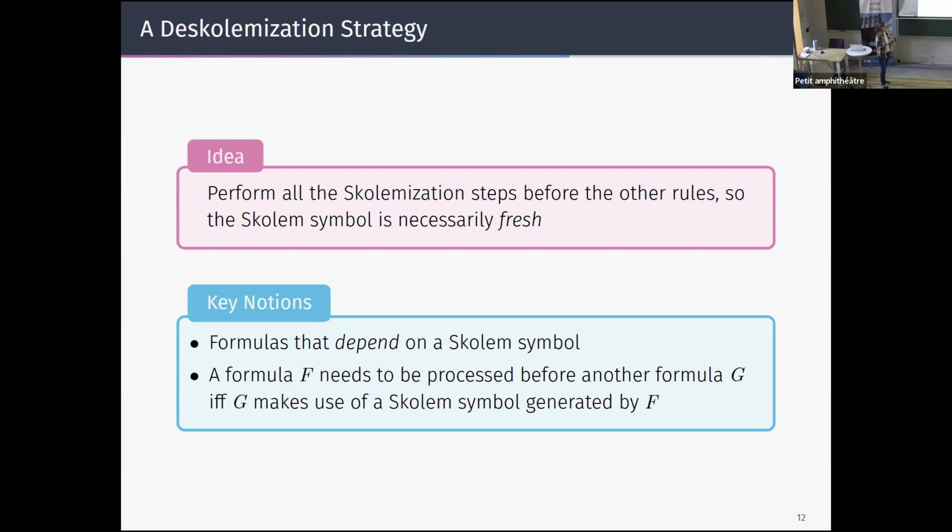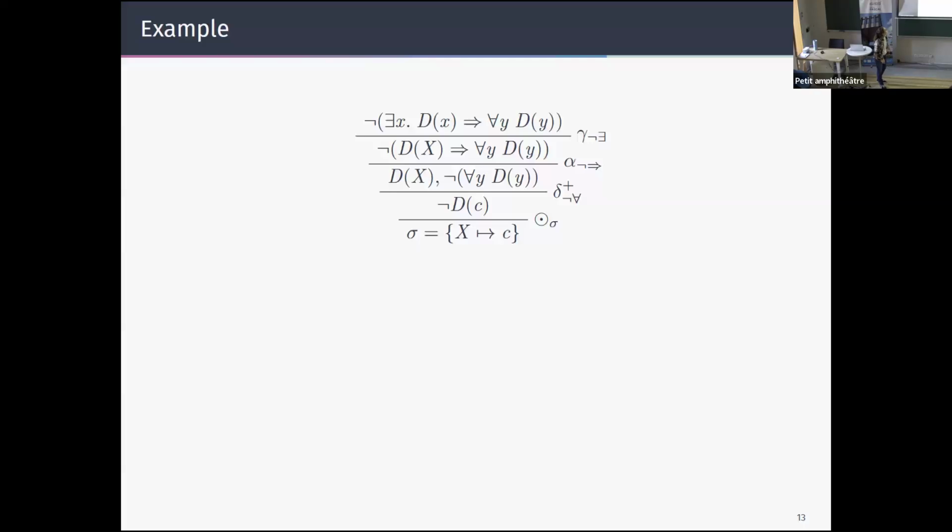And then in the sequent, we remove all the formulas that make use of that Skolem symbol. We apply the Deskolemization step, and then we replay the steps that we removed just before. But it would be clearer with an example, I believe.